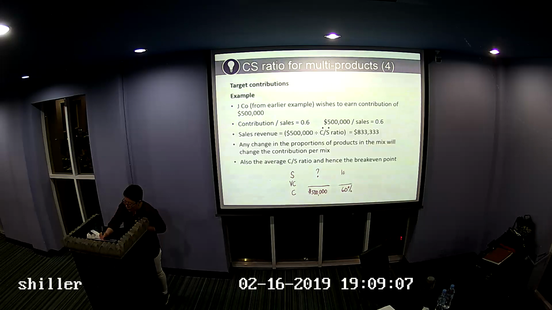And this is the 100%, right? So how do I get to that? Then it is 500 divided by 60%. Is this the same as over here? Yes, makes sense now.